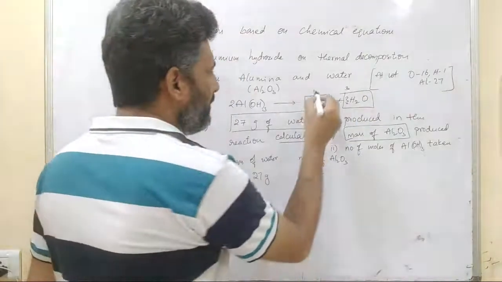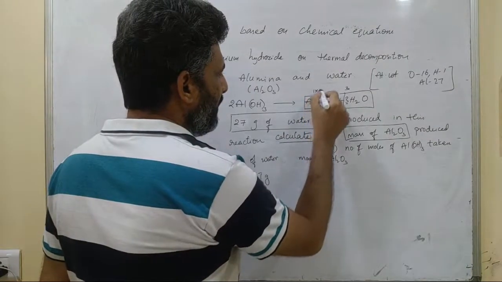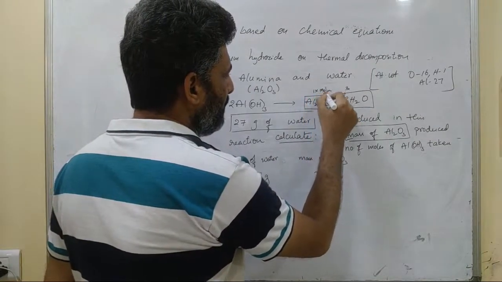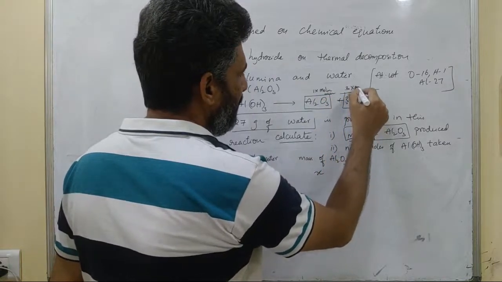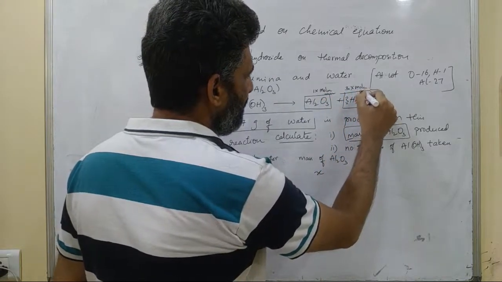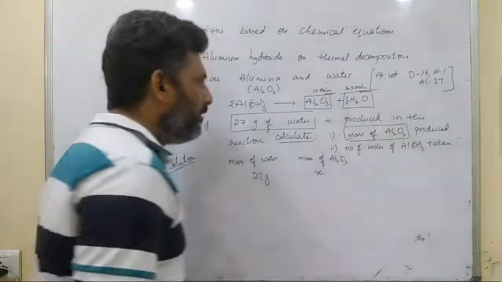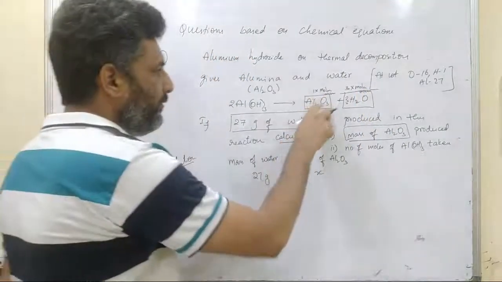That means 1 into its molar mass, and this 3 into molar mass of water. So we need the molar mass of alumina first.